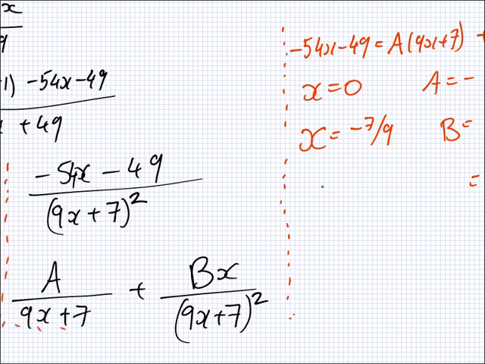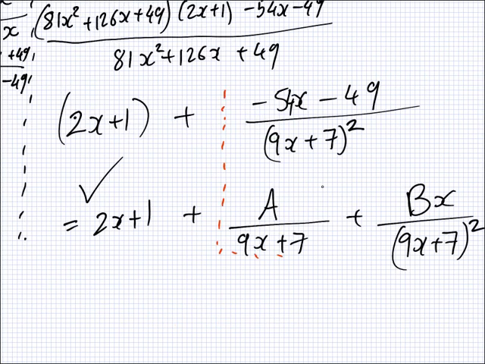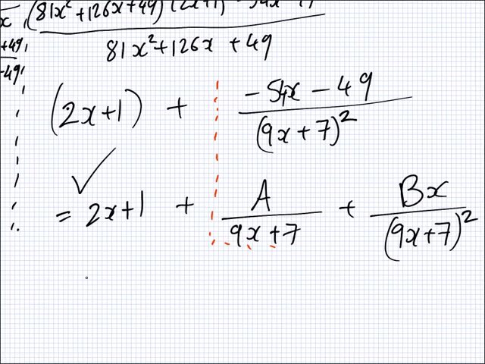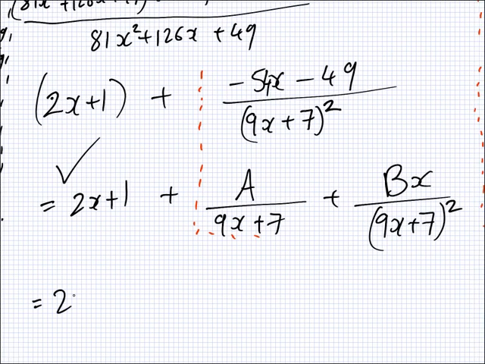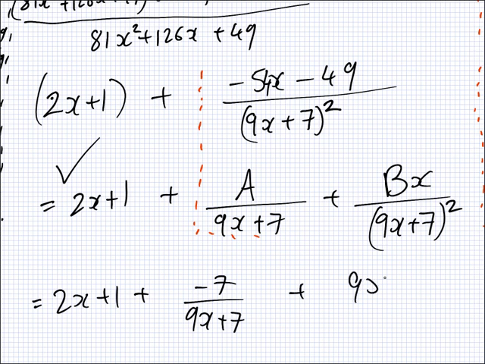Okay, so minus 7 and 9. So now I can return to this, and I get my final answer. 2x plus 1. What did I say a was? Minus 7? So plus, let me make that a bit neater. 2x plus 1 plus minus 7 over 9x plus 7 plus 9x over 9x plus 7 squared.